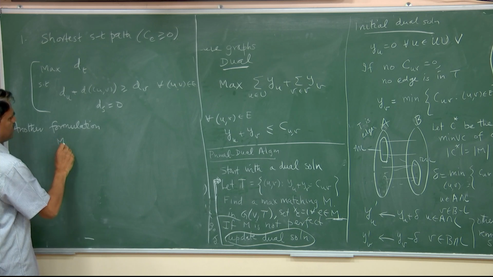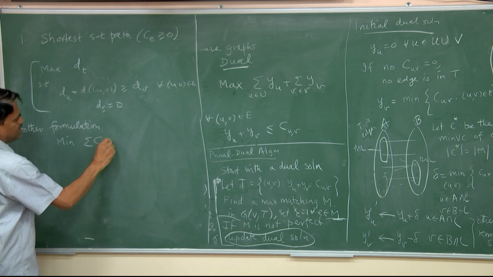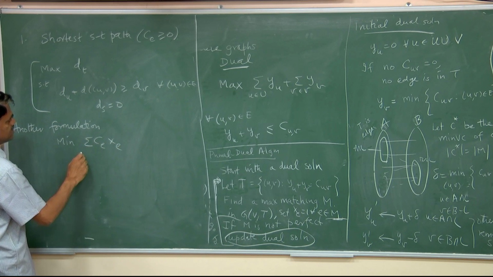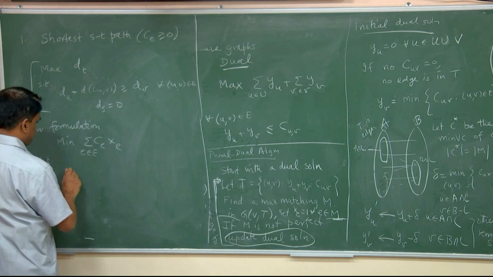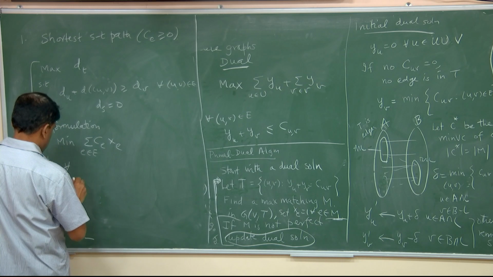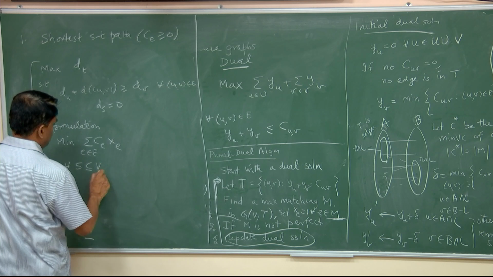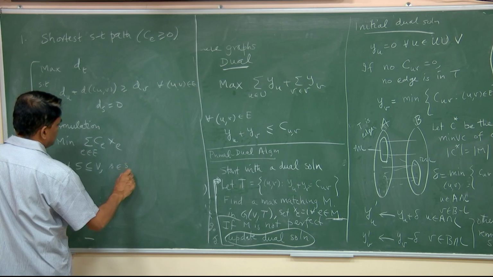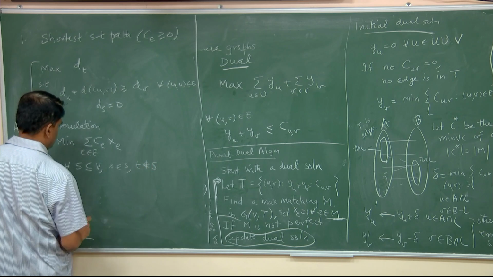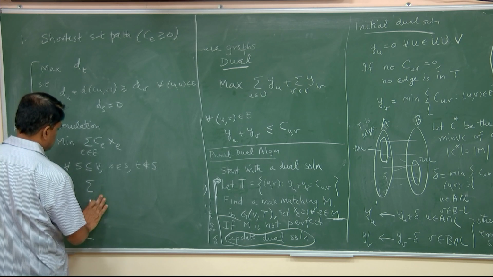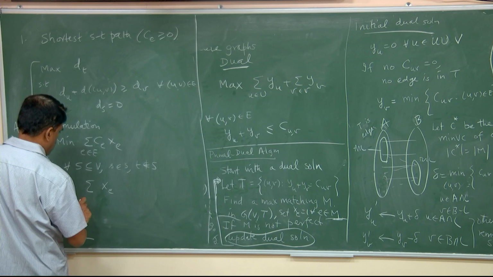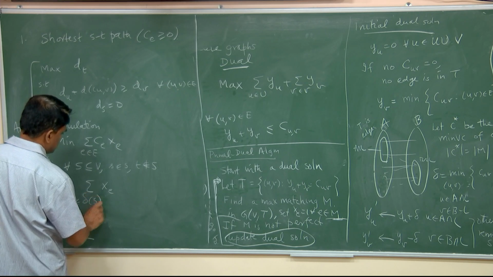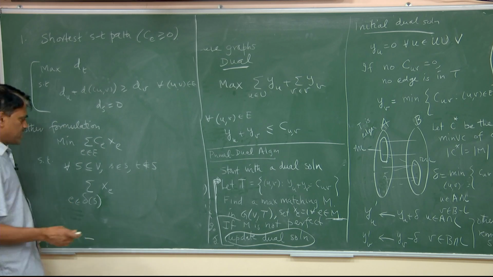This is much more interesting and realistic. Minimize summation c_e x_e, because you want to pick some subset of edges, minimum cost, such that for all S contained in V, such that S is in S and T is not in S, summation x_e, where e is in delta S, with one endpoint in S and one other endpoint outside S, is greater than or equal to 1.